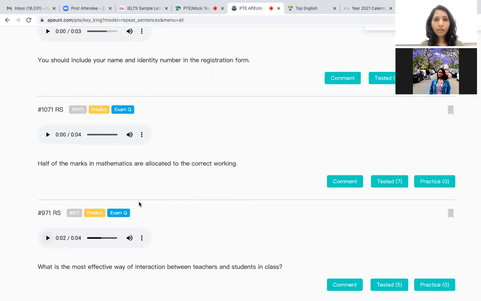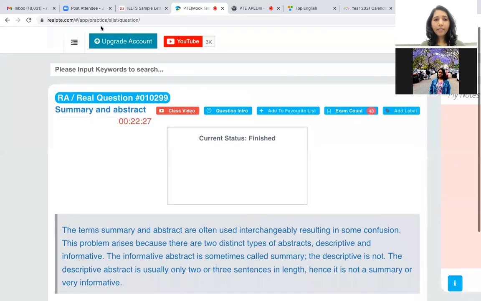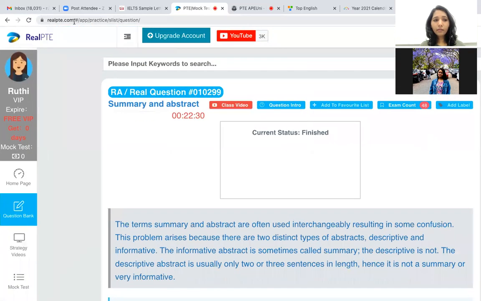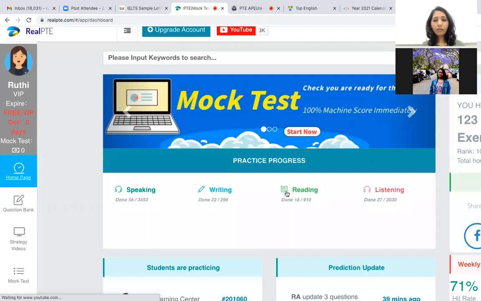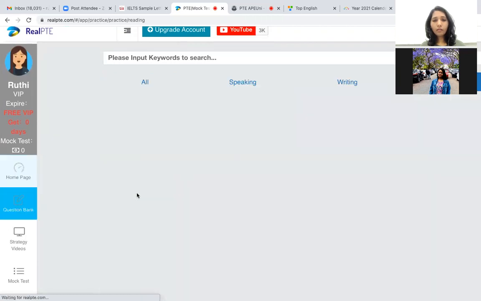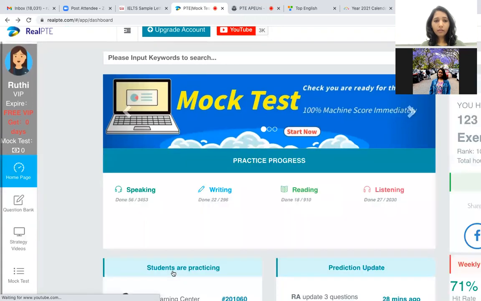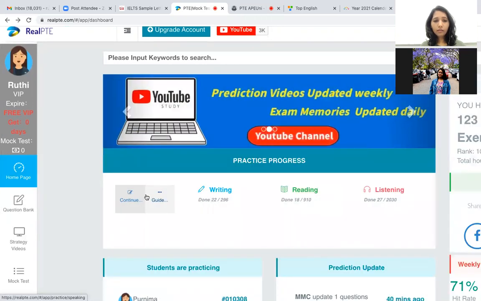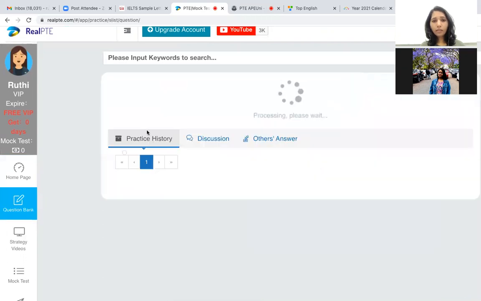Can you hear? No. Okay, I'll go to Real PT. Can you see my Real PT screen? Yep. One. Okay, not one, two, three yet, but okay, now.